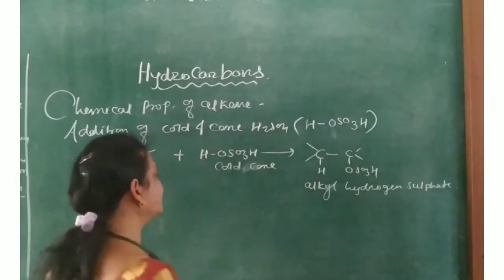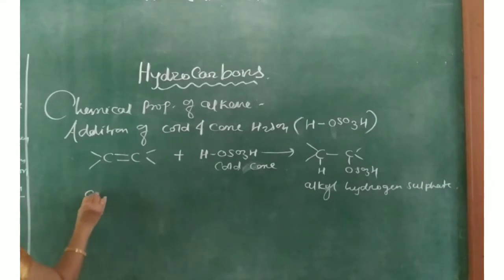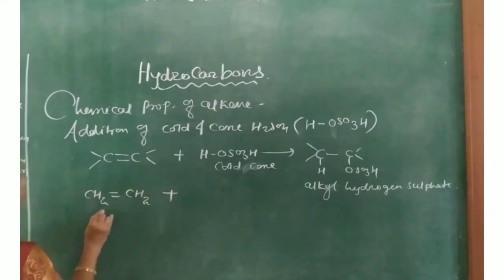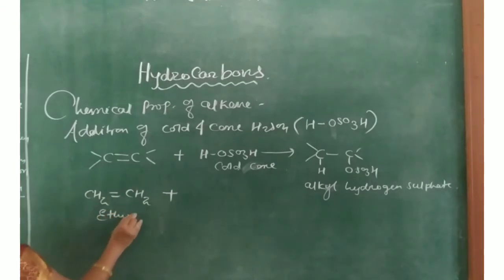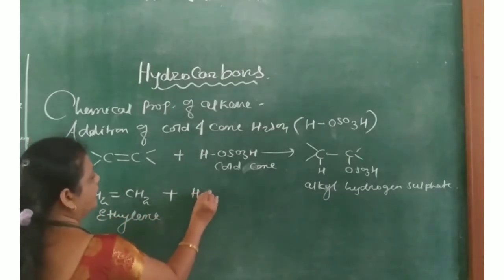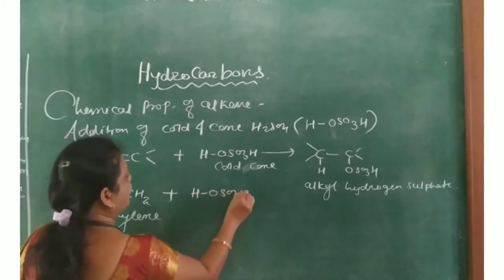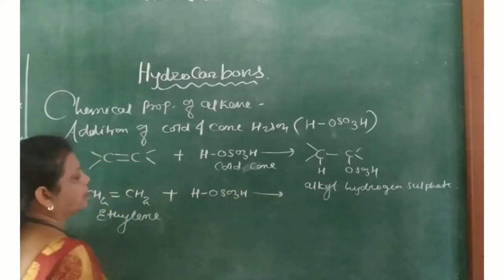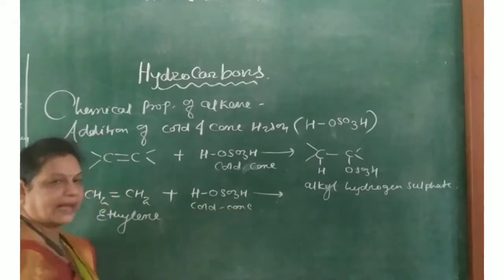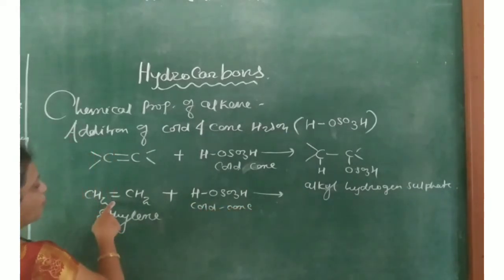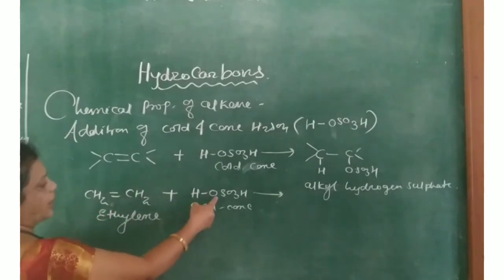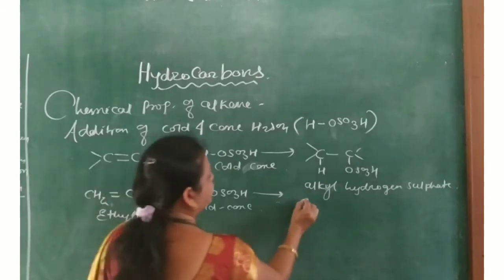Okay. For example, here CH2 double bond CH2. This is ethylene or it is called ethene. Then here HOSO3H. Okay. Here cold and concentrated sulfuric acid. Now the double bond gets converted into a single bond. H goes to CH2 and OSO3H goes to another CH2.